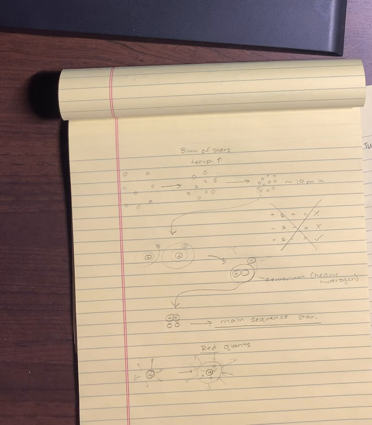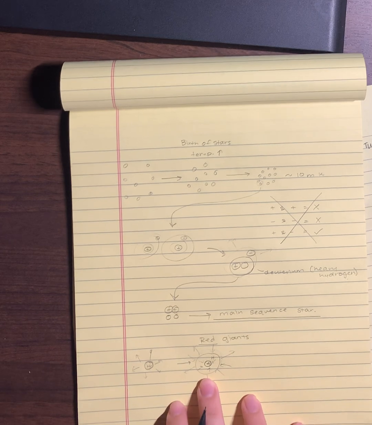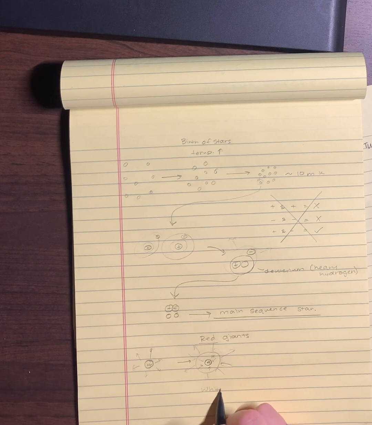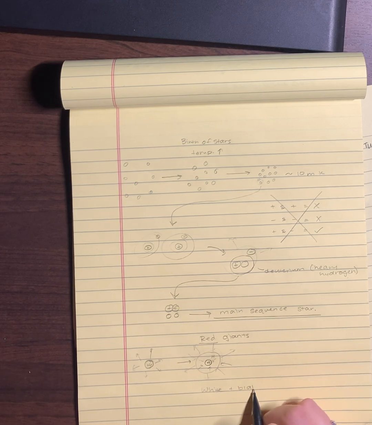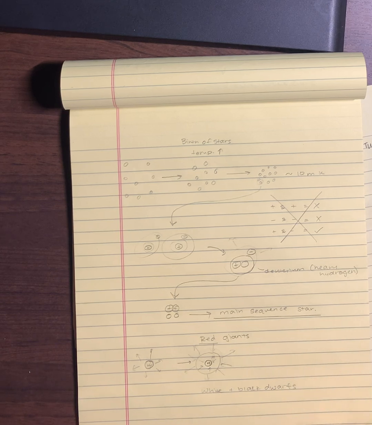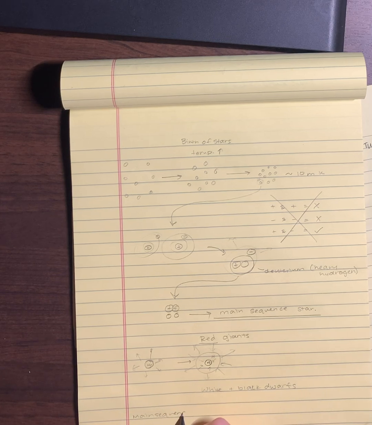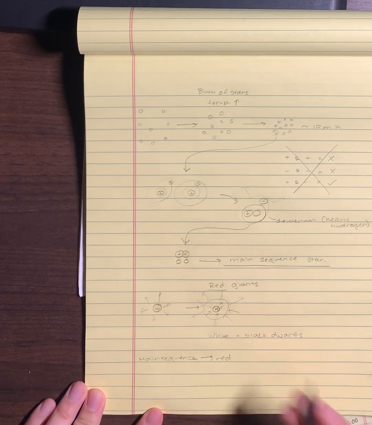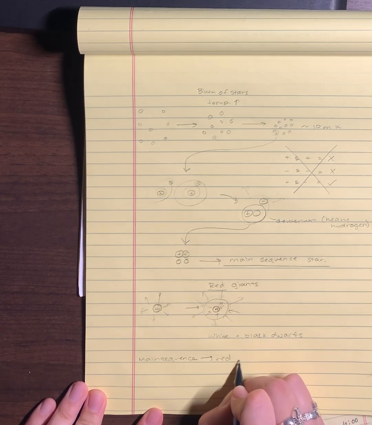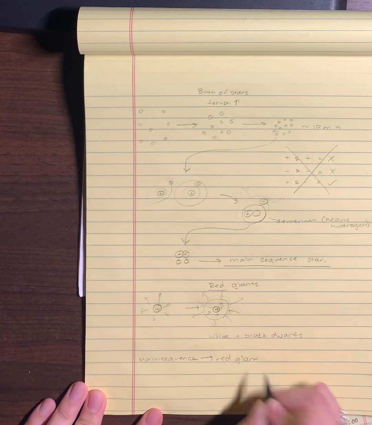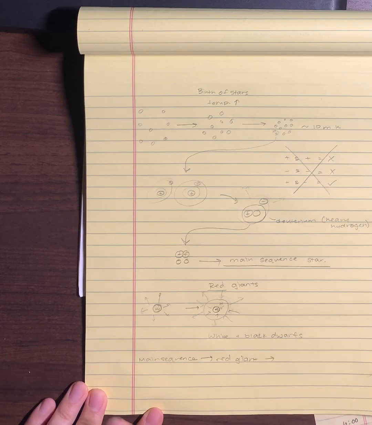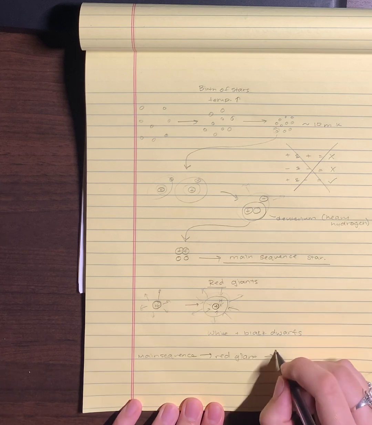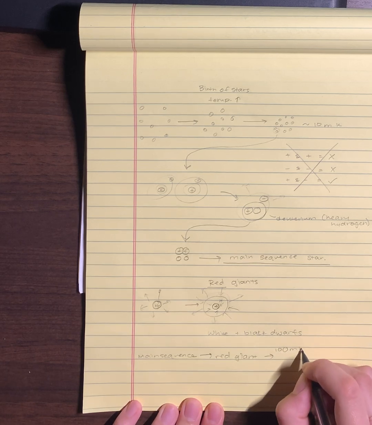That was a brief introduction to red giants, but then there are also white and black dwarfs, which again start with the main sequence star. Then we move on to the red giant, and then we go to a whole new fusion where it hits around 100 million Kelvin.